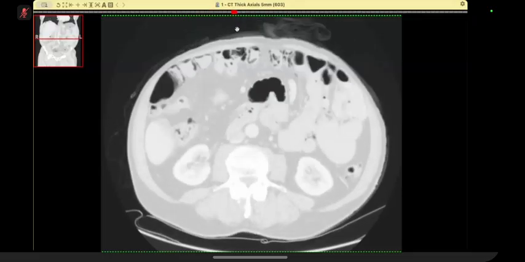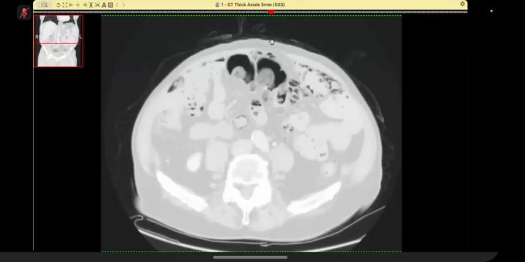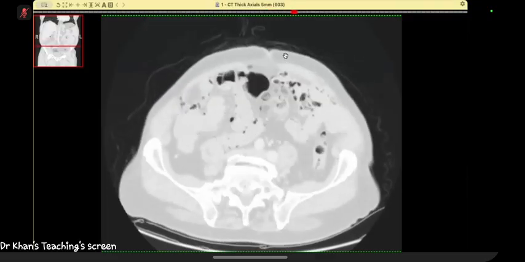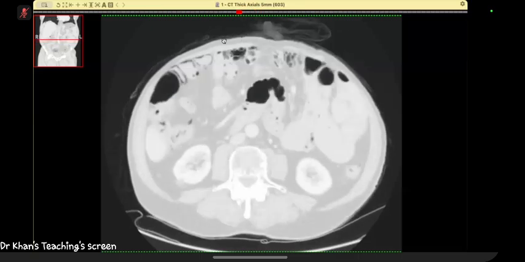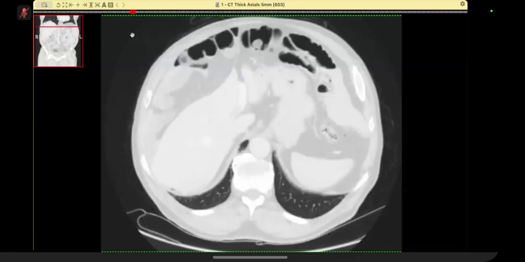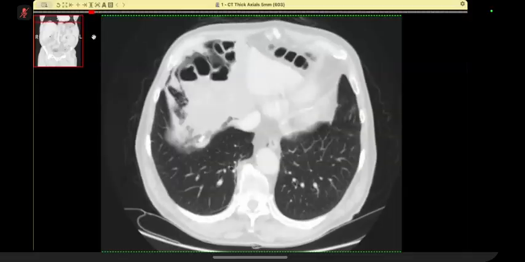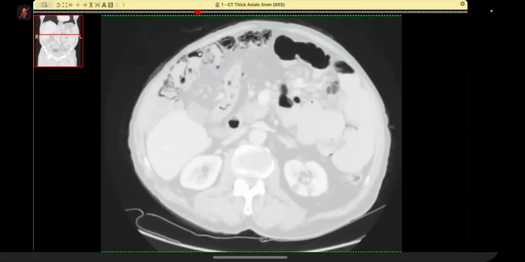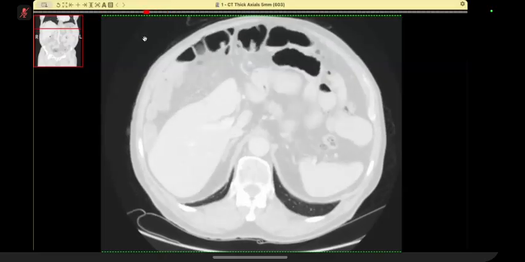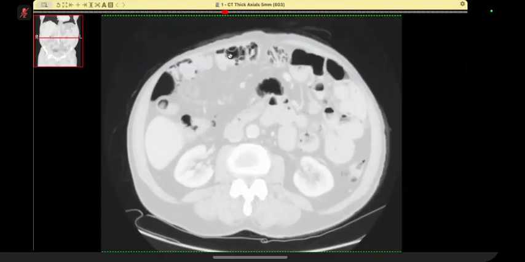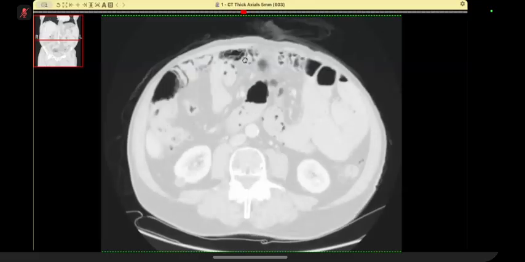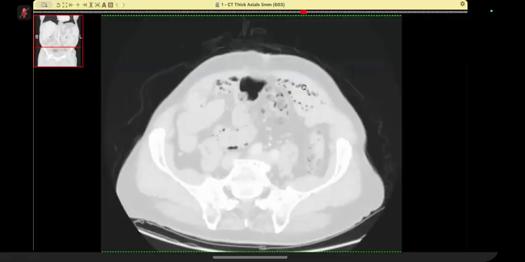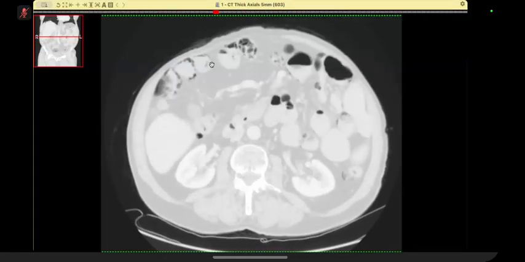This likely represents the colon, the transverse colon. You can also see these lucencies in the right-sided colon as well, in the cecum. The rest of the large bowel is distended with fecal matter.